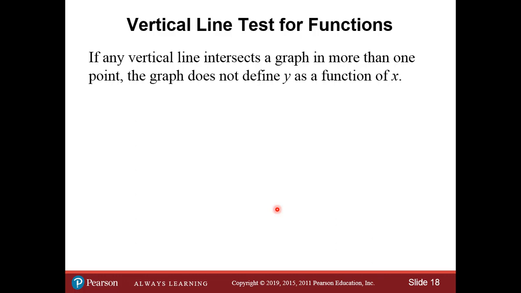Different x values may give you the same y value, or they may give you different y values. The point is that for each and every x value, you get at most one y value.